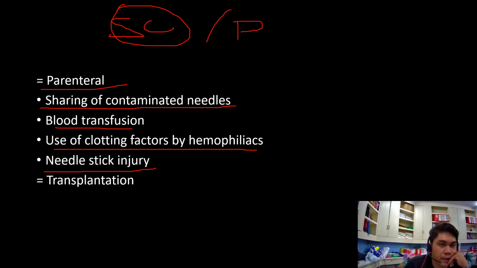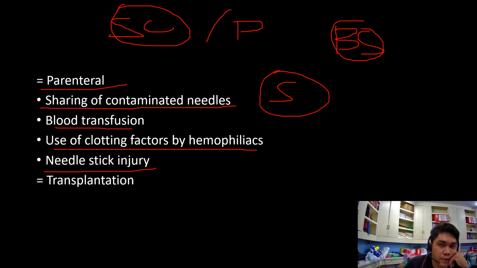Another thing regarding HIV, you can also get HIV if you go to a barber shop or salon. For example, in a barber shop, if they're using the same blade from one customer to the other, that can cause transmission of HIV. Same with mani-pedi.